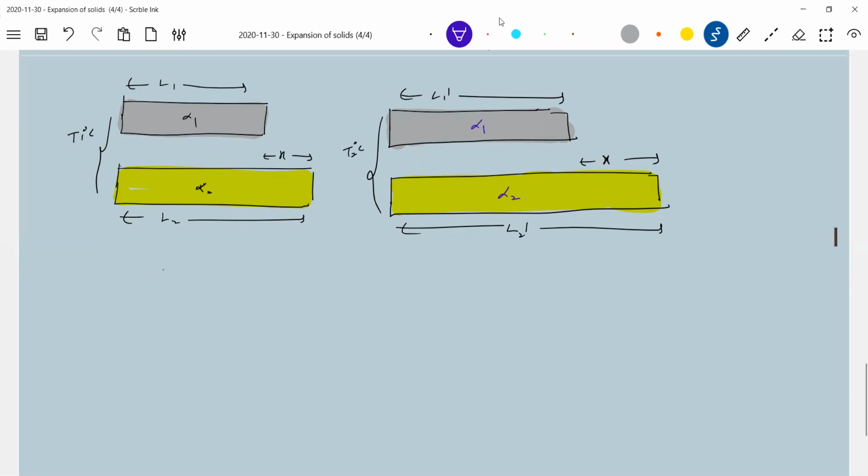So I'll proceed like this. L2 dash minus L1 dash equals L2 minus L1. That's all. So what is L2 dash? L2 into 1 plus alpha 2 delta t, minus L1 into 1 plus alpha 1 delta t, is equal to L2 minus L1.